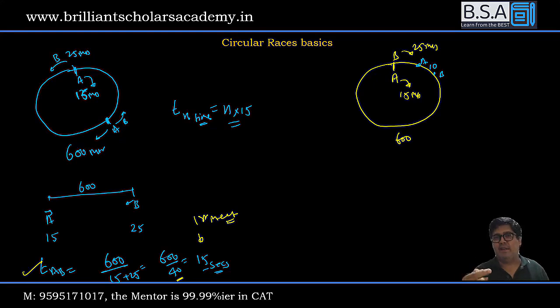A runs 15 meters. So what is the gap? 10 meters. If I wait for one more second, the gap will be 20 meters. If I wait for one more second, the gap between A and B will be 30. With every second, the gap increases by 10, 10, 10, 10.